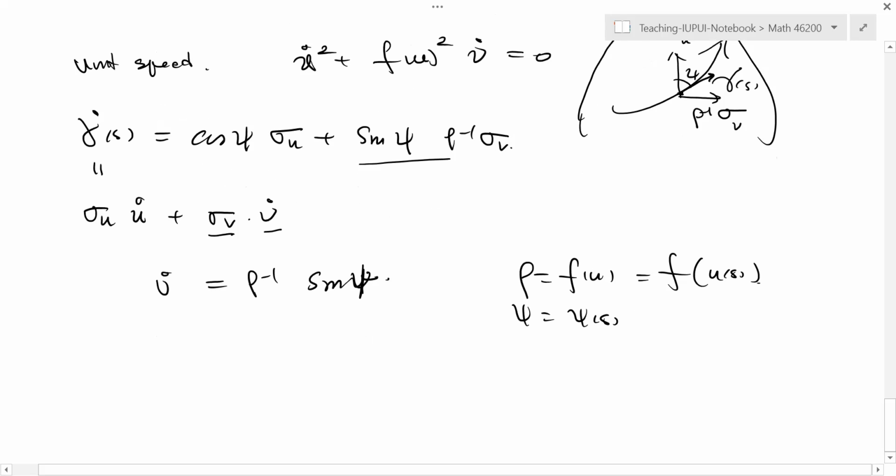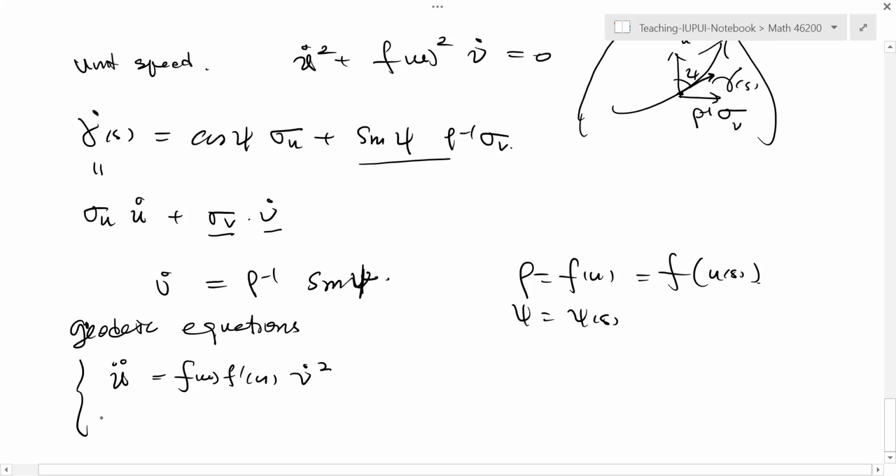Now remember the geodesic equations. Now we have the three equations. I'm going to go back and write down the three equations, the geodesic equations.